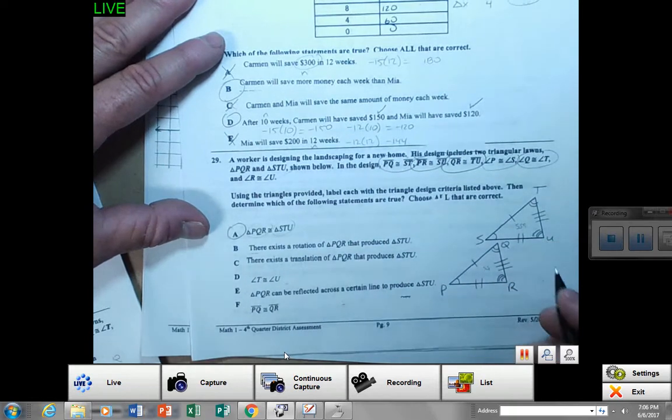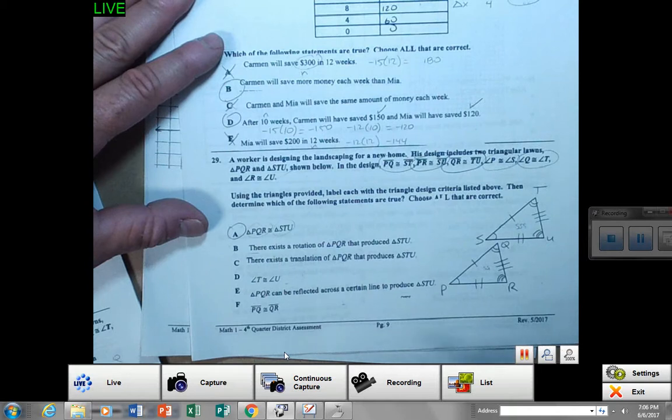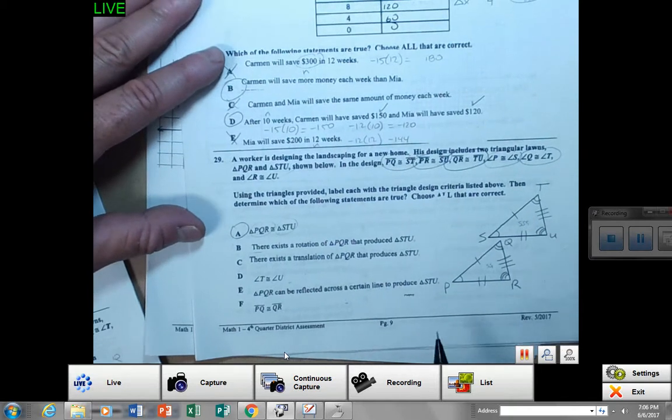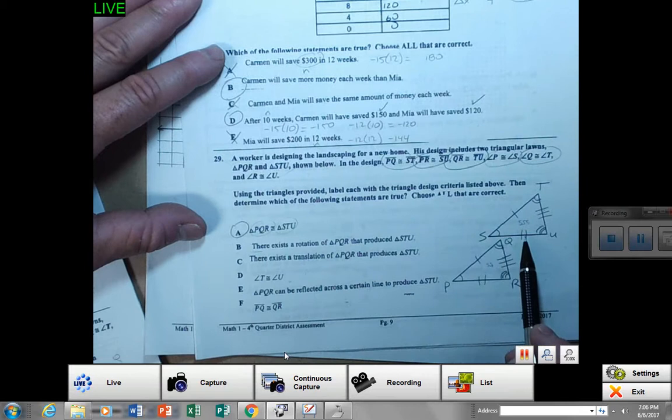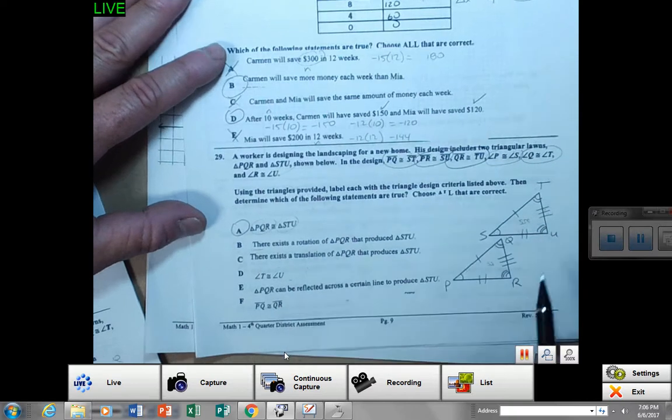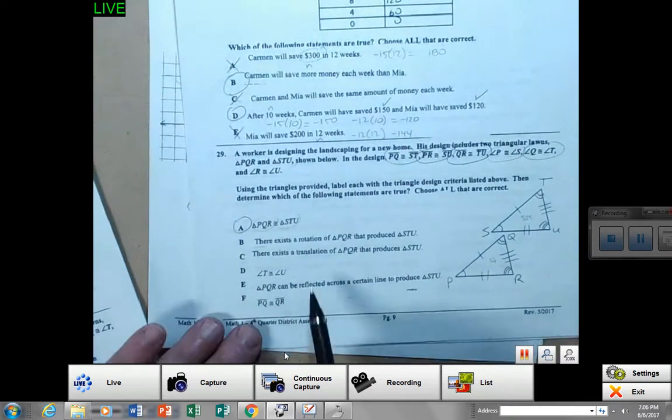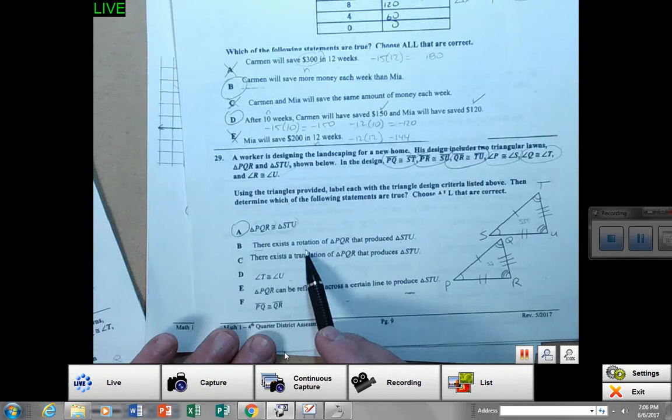So if I did not have these three sides there, angle, angle, angle would not be congruent. But because I have three sides, congruent. And again, all the congruent formulas or postulates: side, angle, side; angle, side, angle; side, side, side; and then of course angle, angle, side.